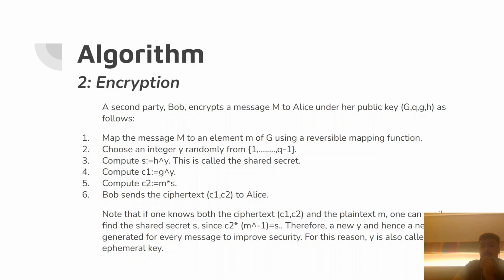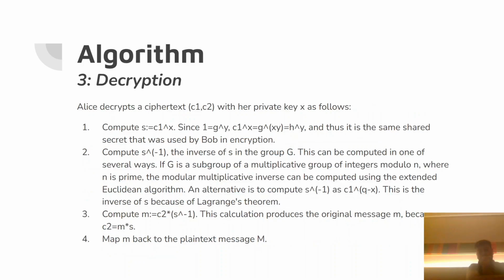Then the last part of this cryptosystem is the decryption. Alice decrypts a ciphertext (c1, c2) with a private key x as follows. First, she computes c1 raised to the power x, which will be equal to s.